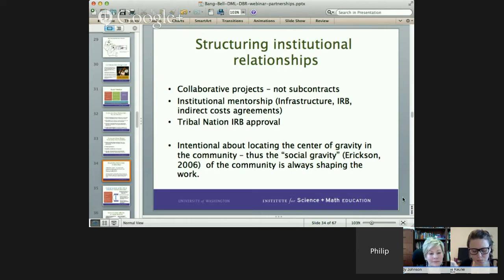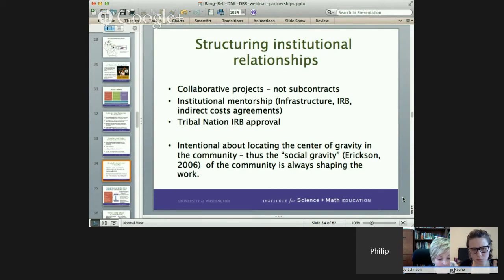One of the things that we were also really deliberate about is that we were engaged in collaborative projects, not subcontracts, and that matters for university folks. There's an economy to research, and community organizations often don't have the same kinds of access to the basic infrastructure that gives universities access to resources.